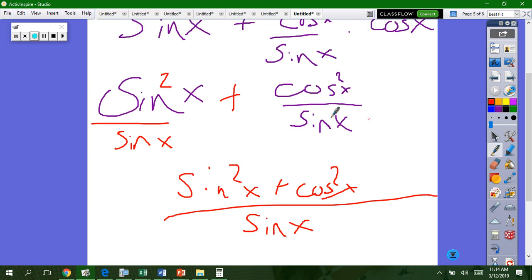Because they're the same denominator, I can add the top divided by the bottom, right? Doesn't 1 over 2 plus 5 over 2 equal 1 plus 5 over 2? Or 6 over 2? I don't multiply both sides, I multiplied the one side.